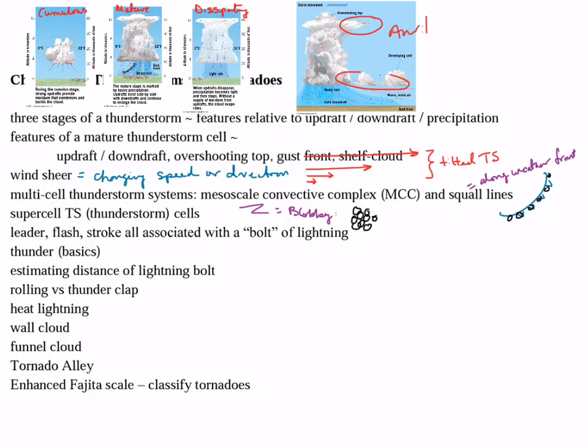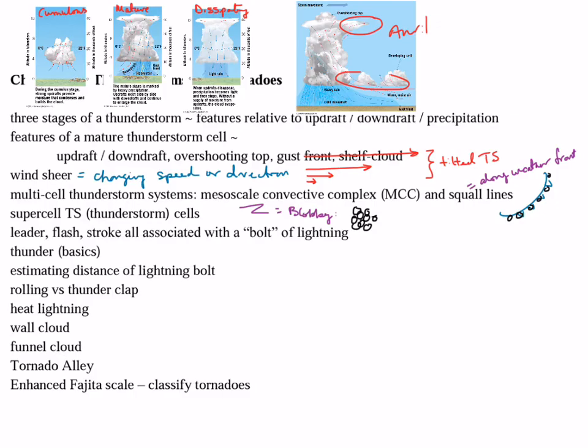They can be about the size of a state. That's a big weather system with a bunch of thunderstorms, and it moves. And then this one is a squall line of thunderstorms. On the right, the black areas again are the tops of thunderstorm heads, and maybe a cold front is doing the lifting.